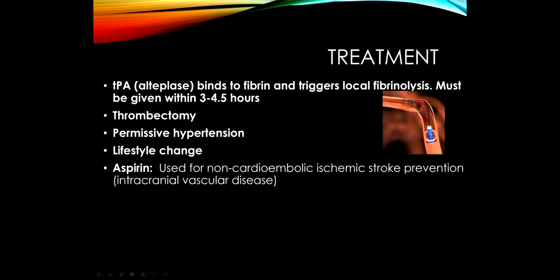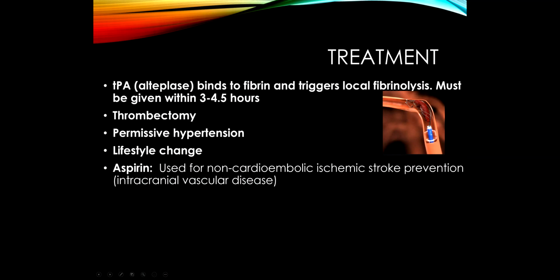Something else that we do for patients after a stroke: when someone has a stroke, their blood pressure always goes up. And that is just the brain's attempt to get more blood flow, more oxygen to the area of ischemia. You do not want to interfere with that. And so we rarely treat high blood pressure in patients that have had a stroke. We just let the blood pressure run high for 24 hours.